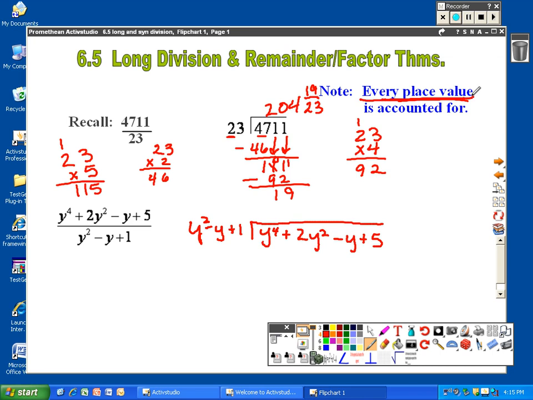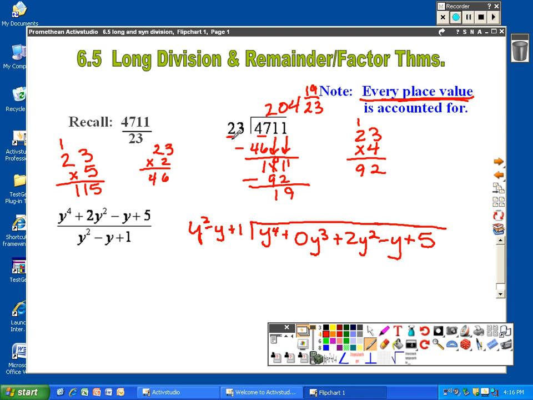Has every place value been accounted for? Y to the 4th, y cubed, whoops, I have to insert my y cubed. I had 0 y cubed. Then my y squared, then my y to the first, and lastly, my y to the zero. Now I have every place accounted for and can do the exact same process as I did up here.